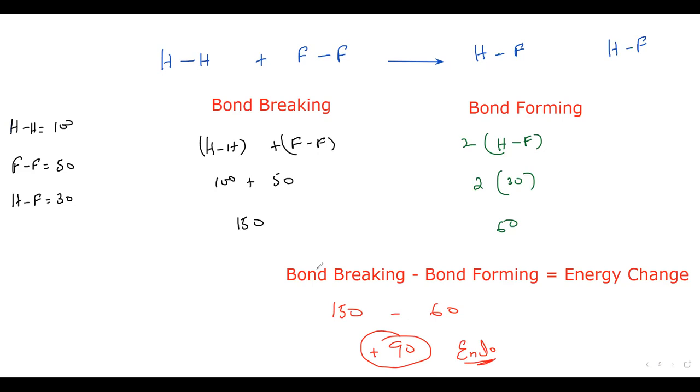Why endothermic? Because the bond breaking is more and bond forming is less. So whenever the energy change is positive, it means the reaction is endothermic. If the energy change is negative, it means the reaction is exothermic. Is this example clear?